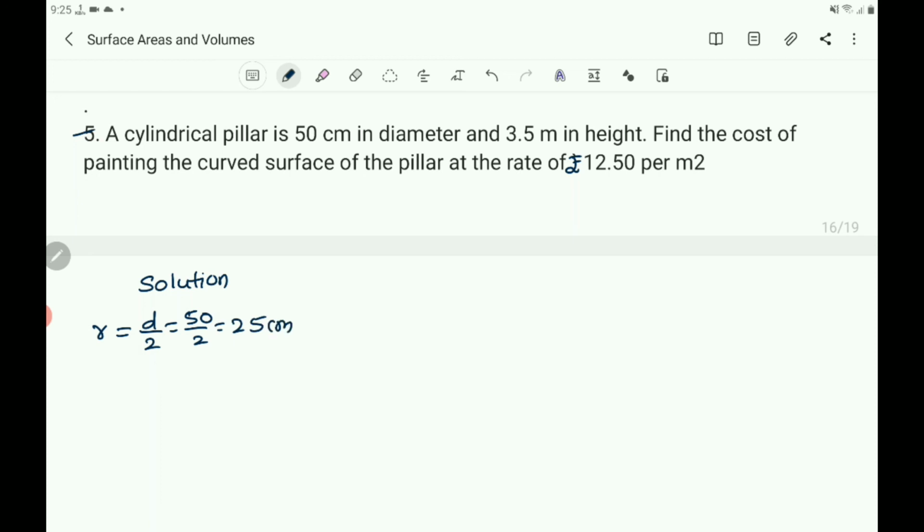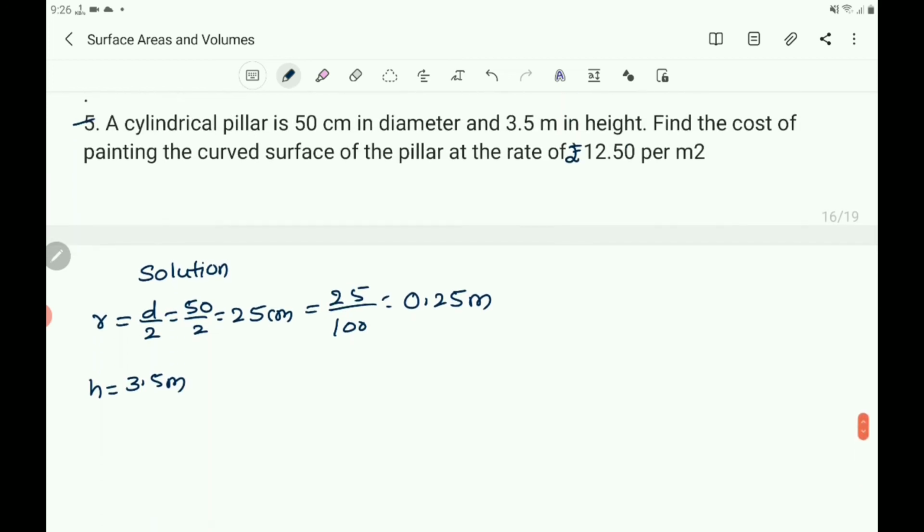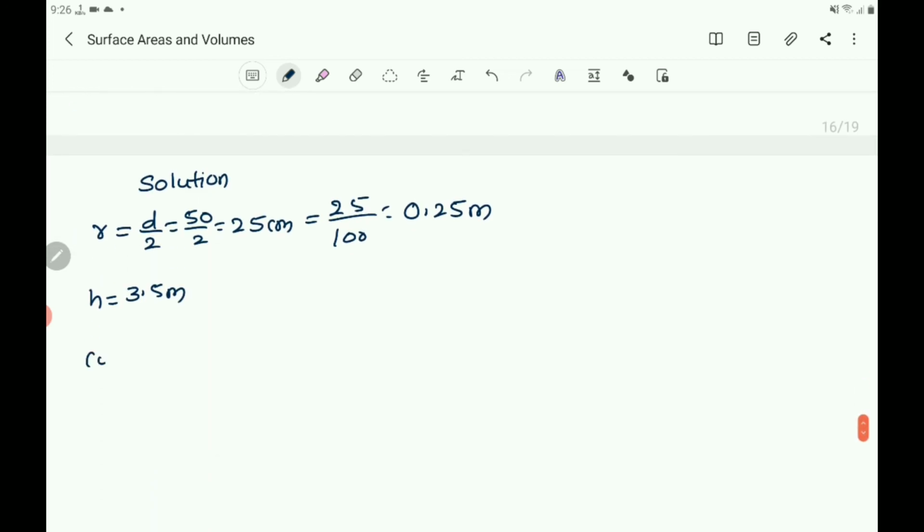And here it is given per m square, so convert this into meter, that is 25 by 100 equals 0.25 meter. Then you take the height, h is given, h is how much? 3.5 meter.